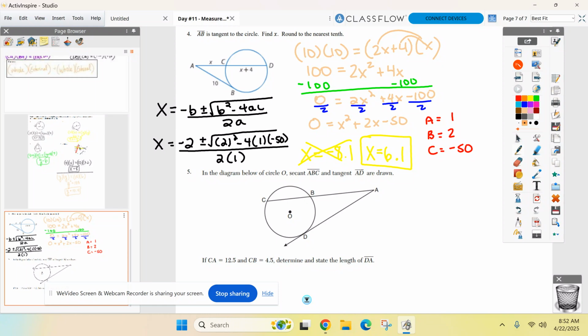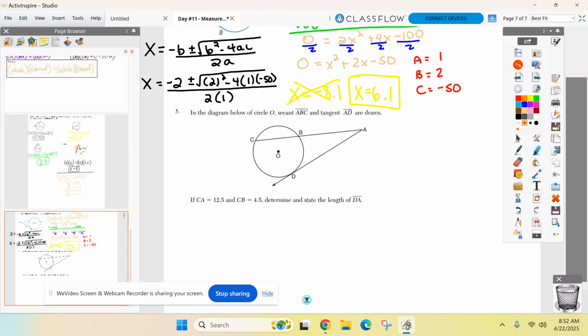Regents exam, June 11th. This came off an old Regents exam, your last one. Go ahead, on your own. Make sure it's whole times external. Whole times external, kids.